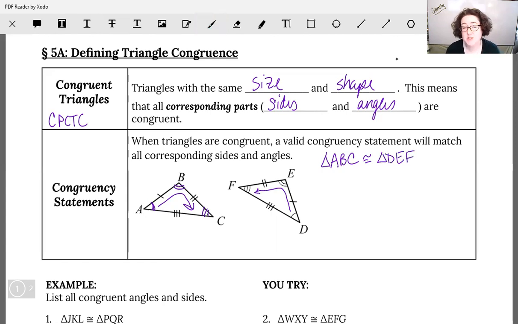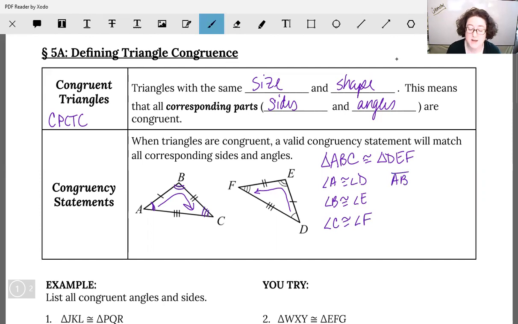And then we can also match up all our sides and all of our angles. So we could say that angle A is congruent to angle D, angle B congruent to angle E, angle C congruent to angle F. And you'll notice those are all in the same order in the names as well. We could also look at our sides. So segment AB or side AB, it's in the same place as DE in the name, so I know they have to be congruent.